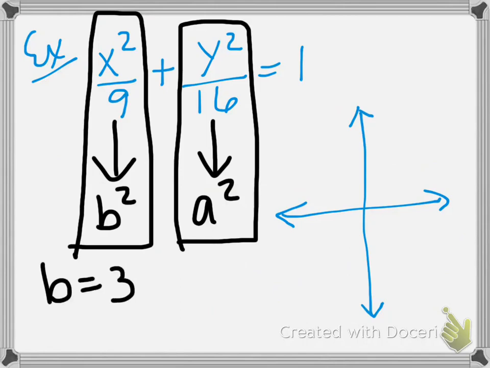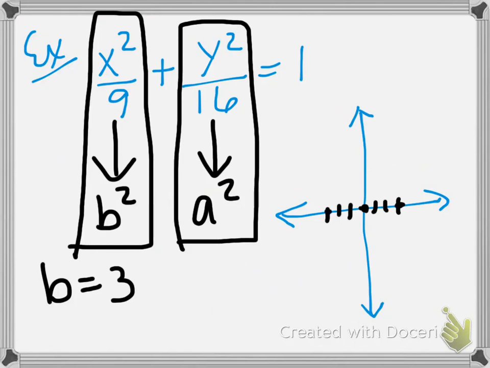So in the x direction, I'm going to start from my center of 0 and go in the x direction 3 units. 1, 2, 3, 1, 2, 3, put a dot there, put a dot there.